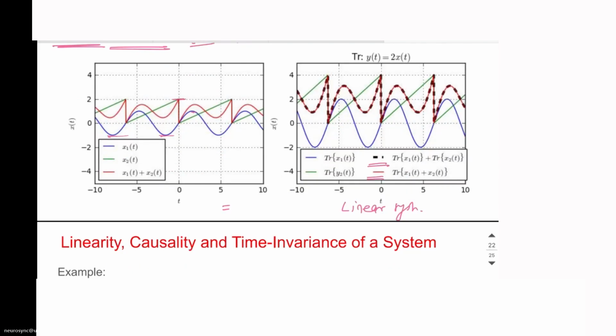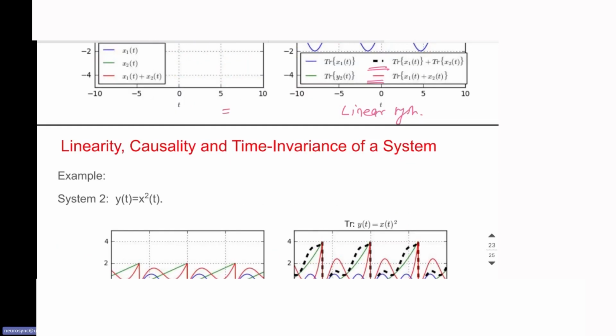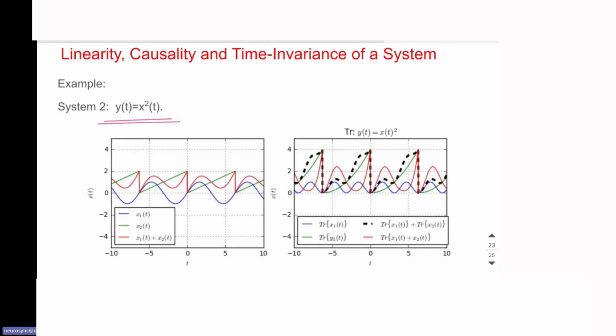Okay. Now, this is a simple example of a linear system. Now, if we take some other system like y of t is nothing but x square of t, whether this system is linear or not, how to find out? So we can apply the rule of linearity. What the rule of linearity says, we have the same signal and this graph is known.